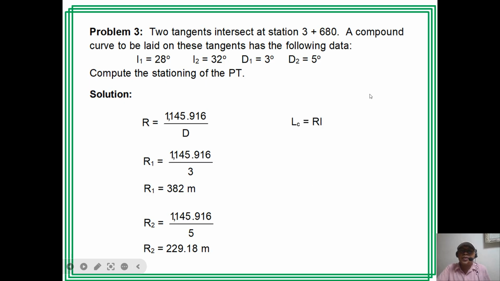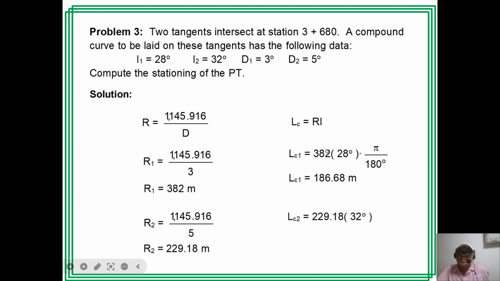We can also solve for the length by using LC equal to RI. So R is 382 times 28, converted to radian, multiply by pi over 180. So 186.68. Then for the second curve, R is 229.18 times 32, multiply by pi over 180. This is 128 meters.